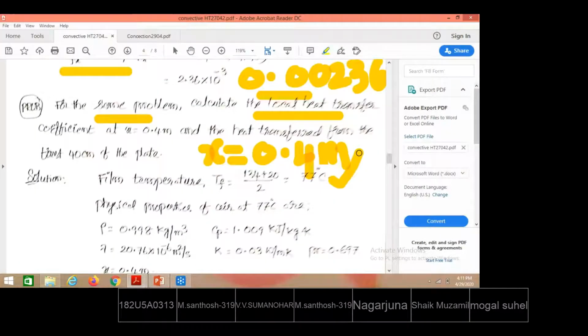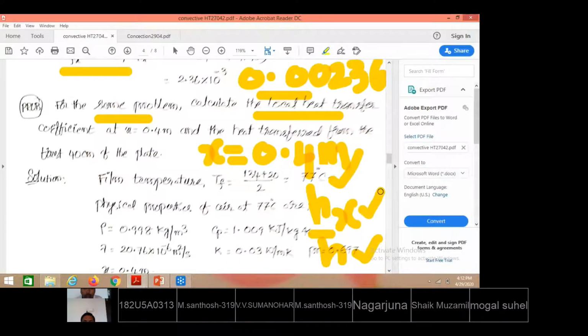So the heat transfer coefficient estimated at a distance of x equal to 0.4 meters is the local heat transfer coefficient. And they are also asking you to calculate, starting from the leading edge up to a length of 0.4 meters, that value, h bar.